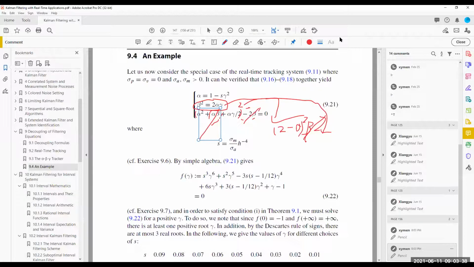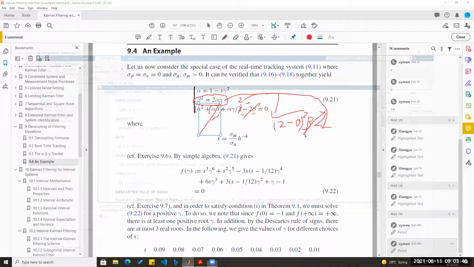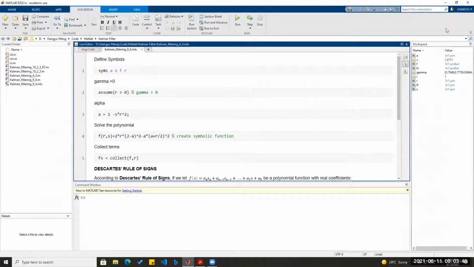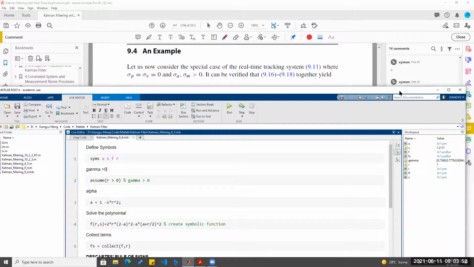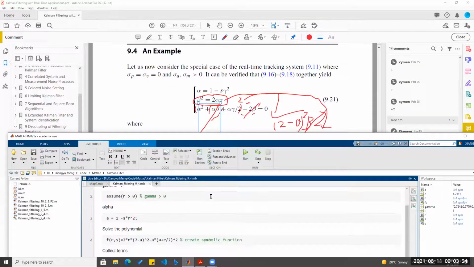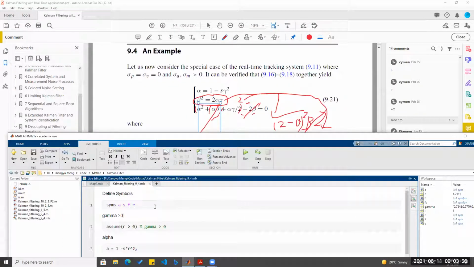Then let me show you how to use MATLAB to do the calculation. We can use the MATLAB symbolic toolbox.